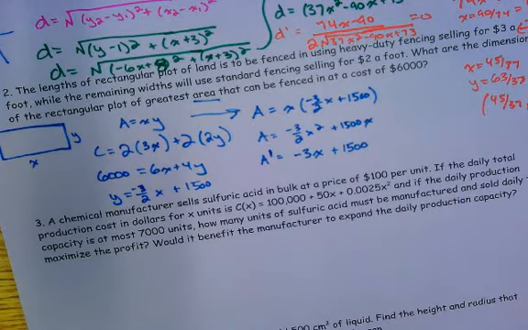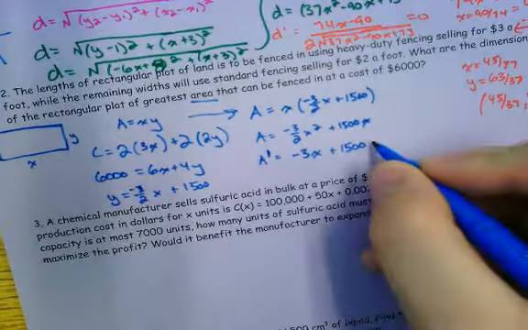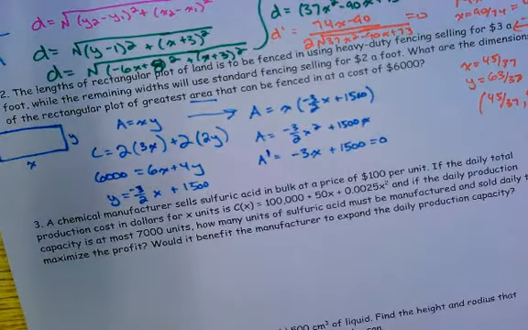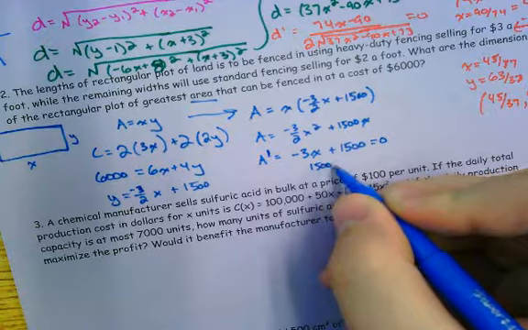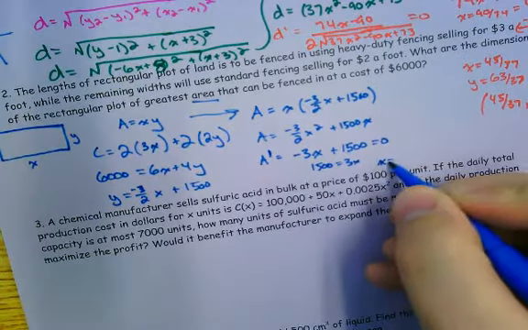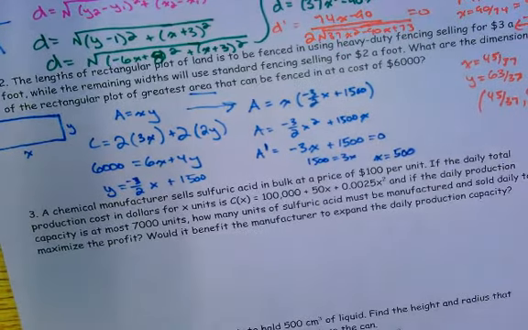How do we find the max and min? Set it equal to 0 and find the critical points. So in this case, what's x going to equal? So I'm going to get 1,500 equals 3x, so x is equal to 500. Did I answer my question?